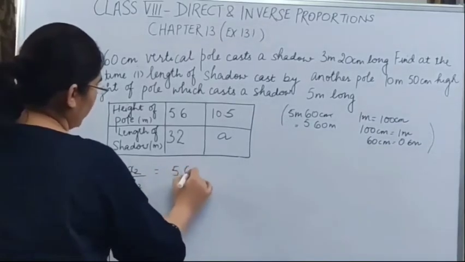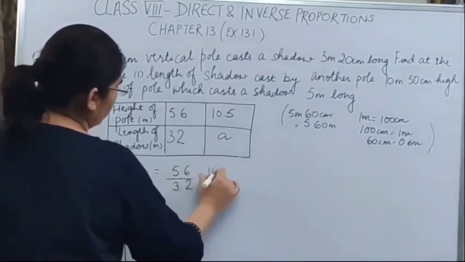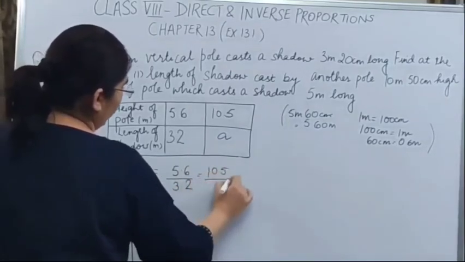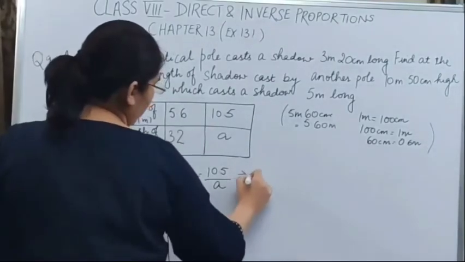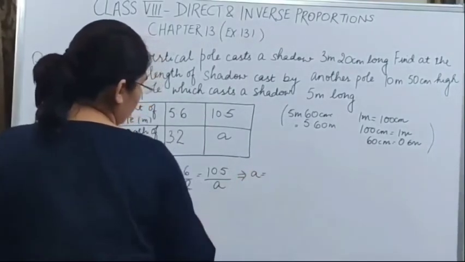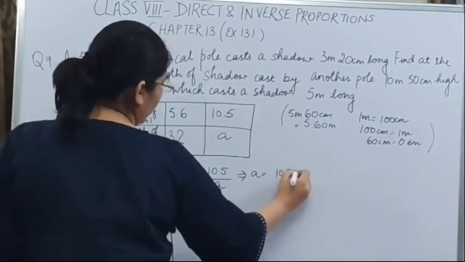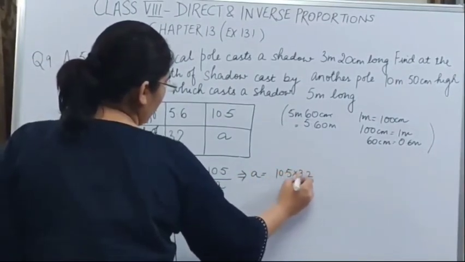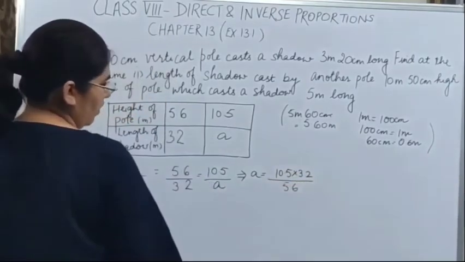Therefore 5.6 upon 3.2 equals to 10.5 by a. So you say a equals to 10.5 into 3.2 divided by 5.6.